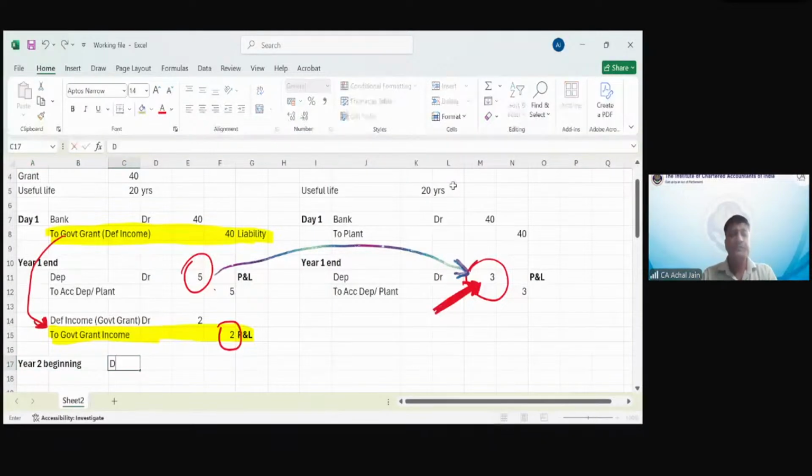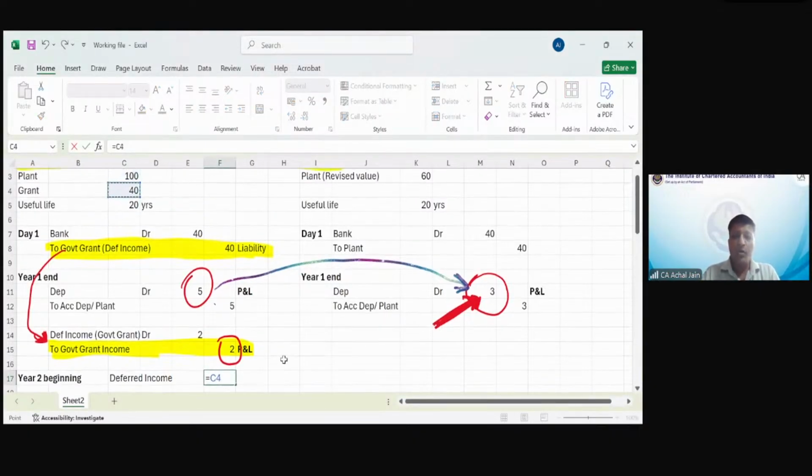Can you tell me? Over to you. In this example, can you tell me the balance of deferred income? Rohan says 38 crores. Yes, this was 38 crores, correct? So deferred income was 38 crores, right?